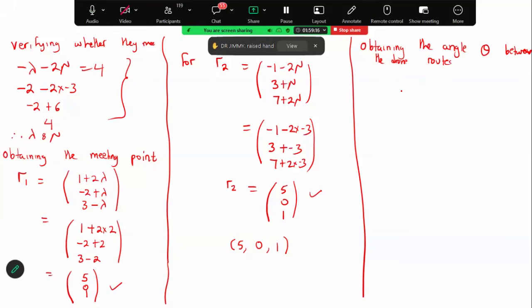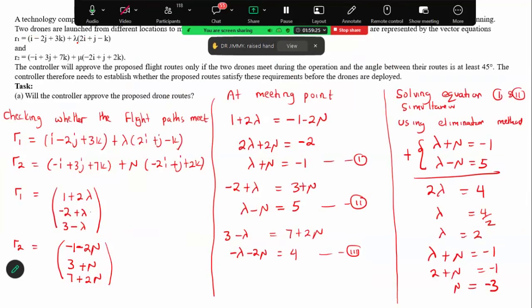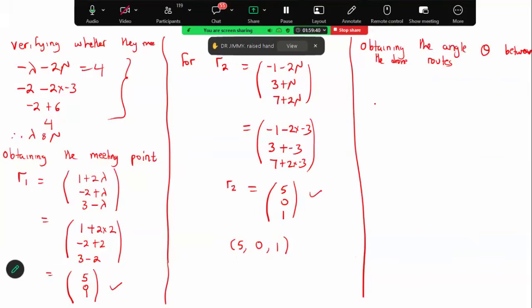Now remember, when you are obtaining the routes, always we use the direction. So when you have your vectors, we say that this one which has the constant alpha lambda is what we call the direction. So this is your first direction, which I can call D1, and this is my second direction, D2. So in order for us to find the angle, we are going to find the dot product.